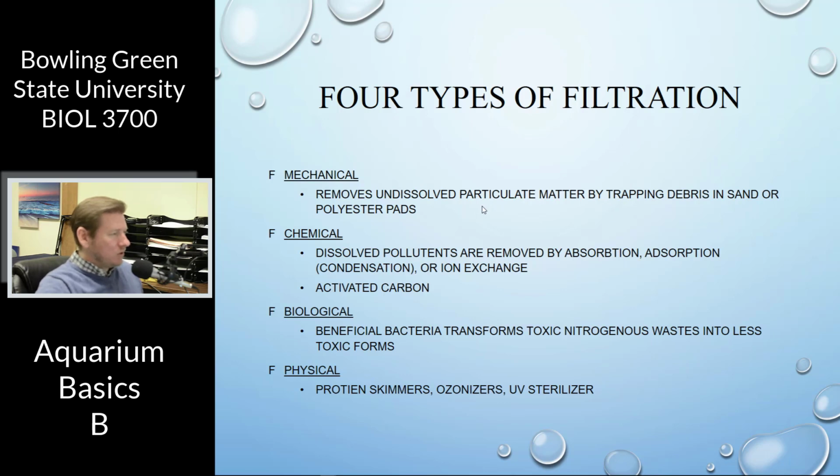The reason you're doing that is because those large particles will decay, produce ammonia, and so forth. So that's mechanical. And chemical filtration is using usually activated carbon, that'll absorb pollutants by absorption or adsorption.